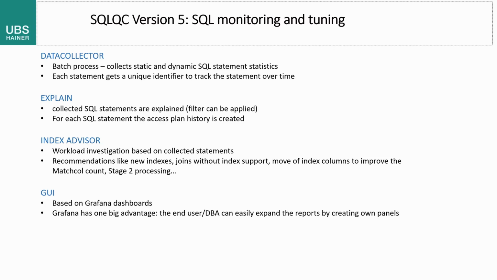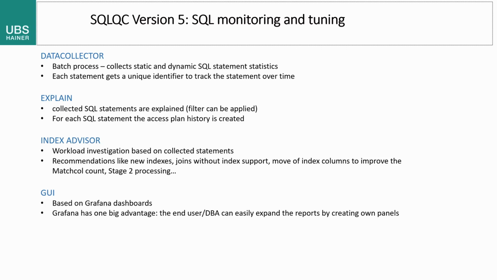Another component is the explain component, also a batch process. It can run anytime. For example, Rewe is running this process typically on the weekend. Some of the statements, the most expensive ones, are probably processed daily. For each statement and each execution of this explain, we get an access plan and an access plan history. I think that's crucial here, because to recognize if something was changed in the access path, you need the history of the access plan.